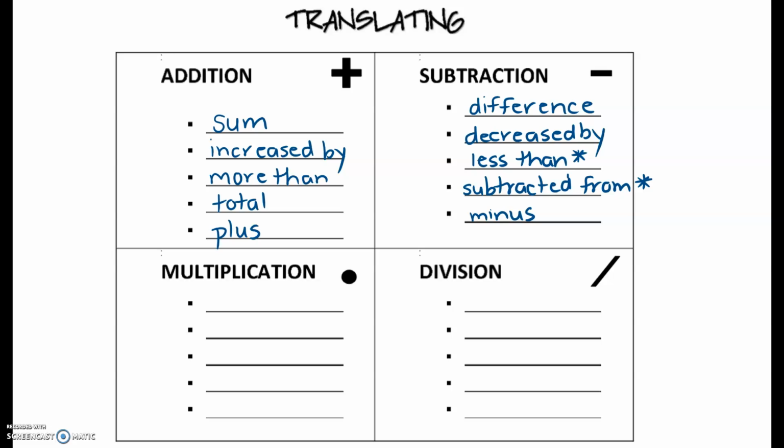Okay, for multiplication, we have the word times. If we're going to multiply something, we are going to times two numbers together. That would indicate multiplication. The answer to a multiplication problem is known as the product.